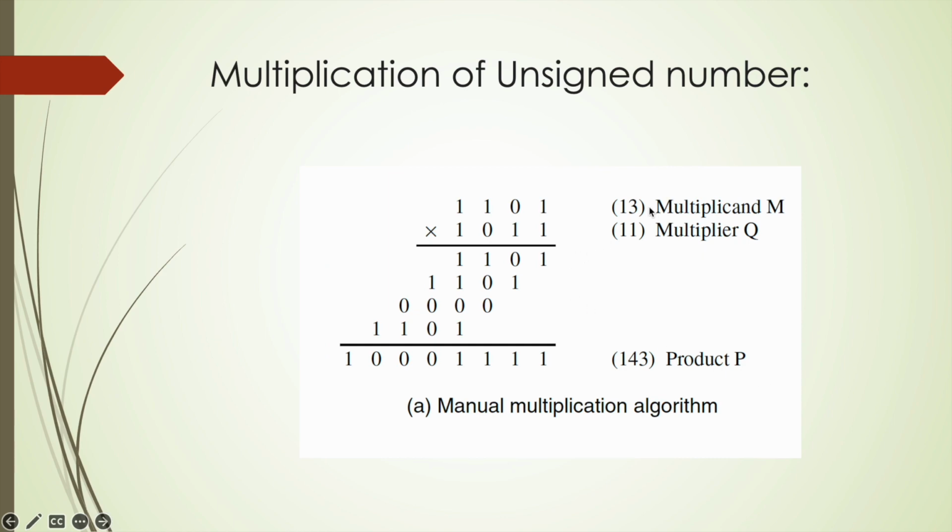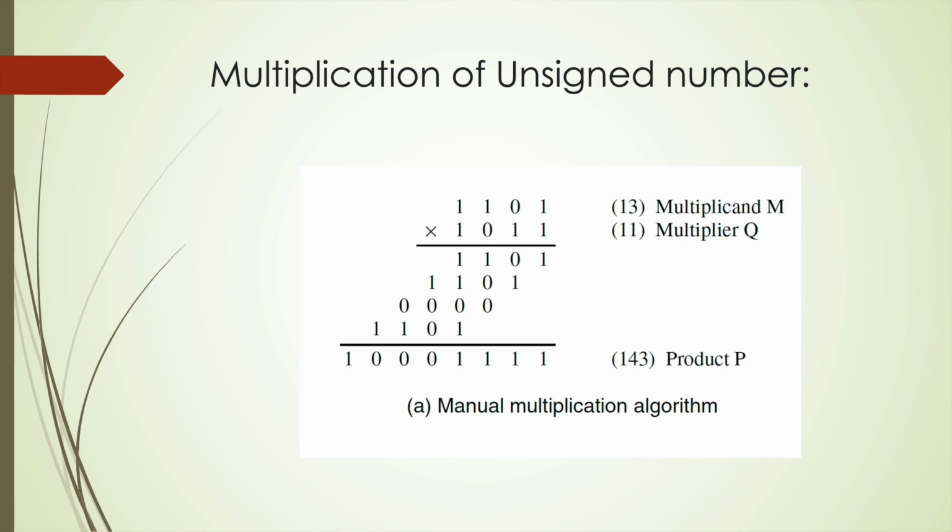So here we have a multiplicand 13 and a multiplier 11. The binary equivalent of 13 is 1101 and the binary equivalent of 11 is 1011. In multiplication of decimal numbers, we have so many possible digits, ranging from 0 to 9.